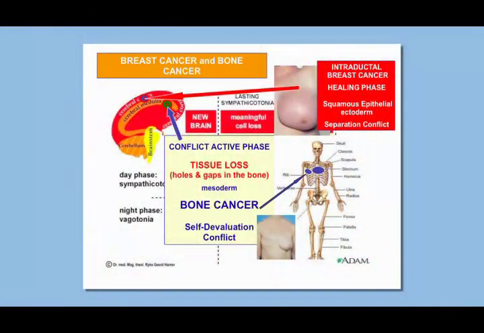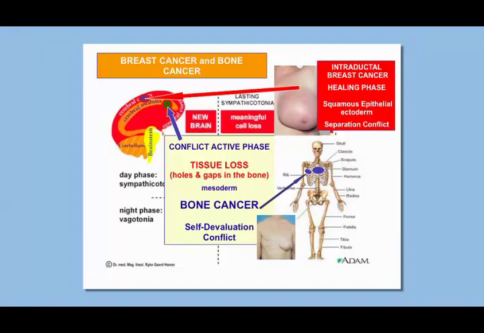So that's why I put this picture here. Just the image, the idea of a mastectomy, the fear of a mastectomy can cause such a self-devaluation conflict, and the program is switched on. And during the conflict active phase, we have the tissue loss causing bone cancer. Bone cancer, my friends, is by definition tissue loss.